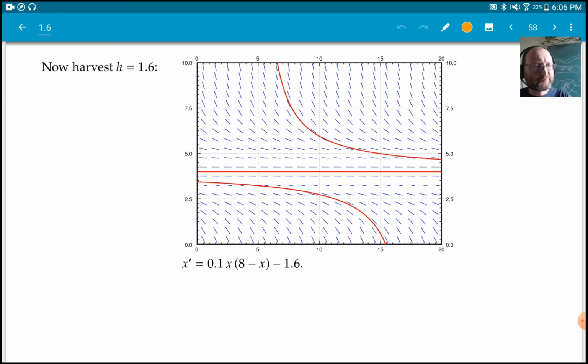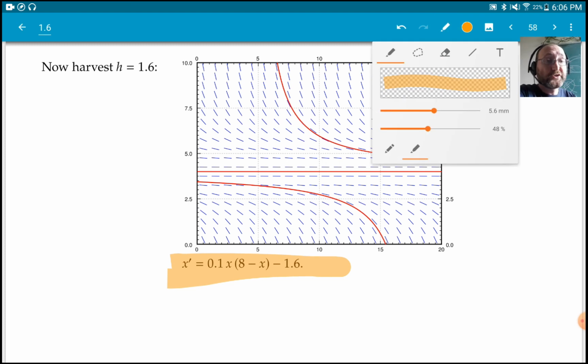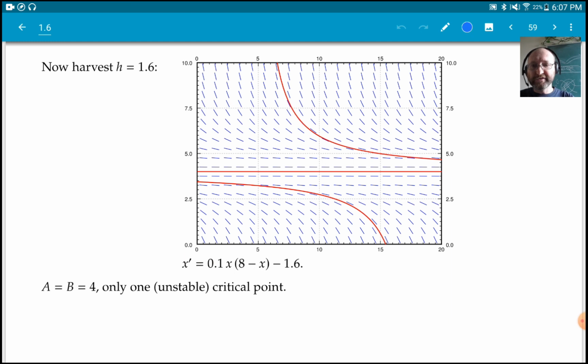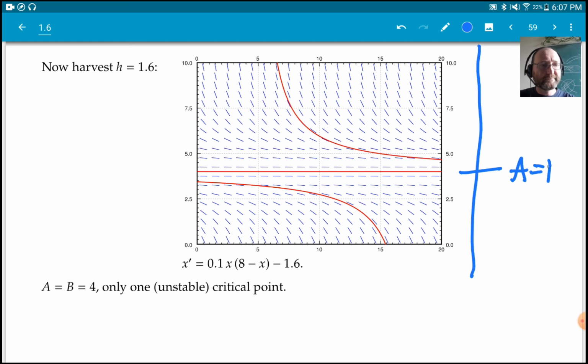It's very precise, and because it is kind of precise, this is exactly this situation where the two critical points were actually the same critical point. Right? So there's only one critical point, right? Which is going to be 4, right? So you're going to have this. This is A, B. It's 4, right?